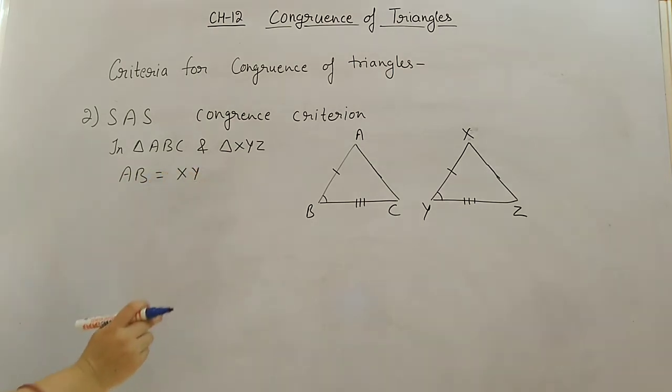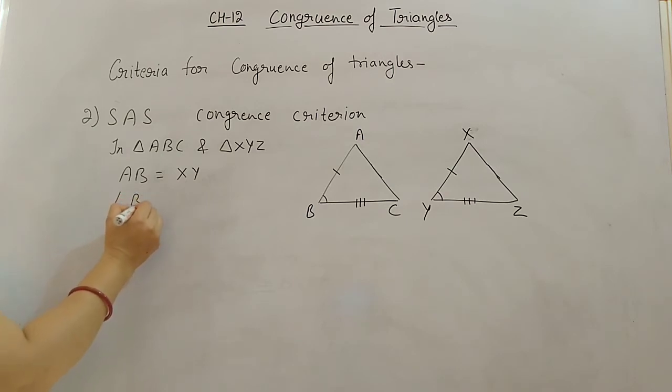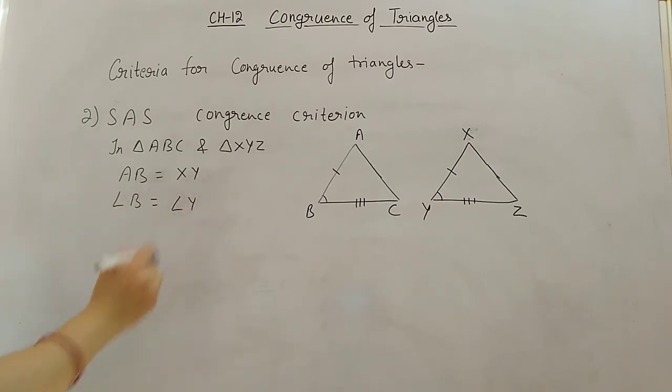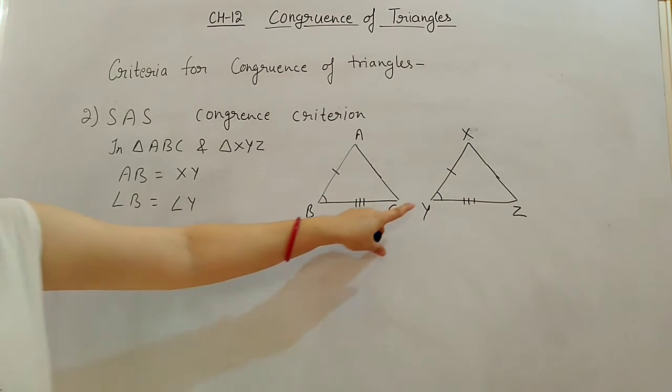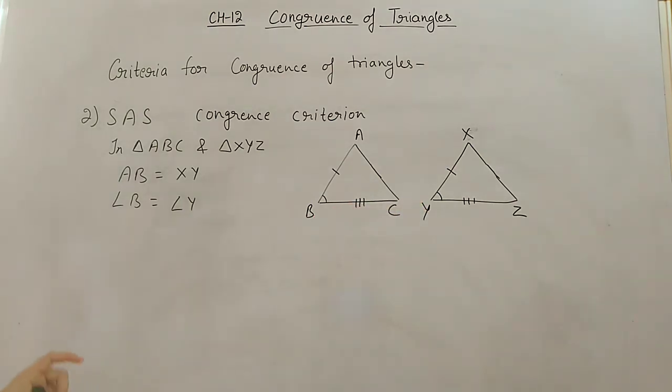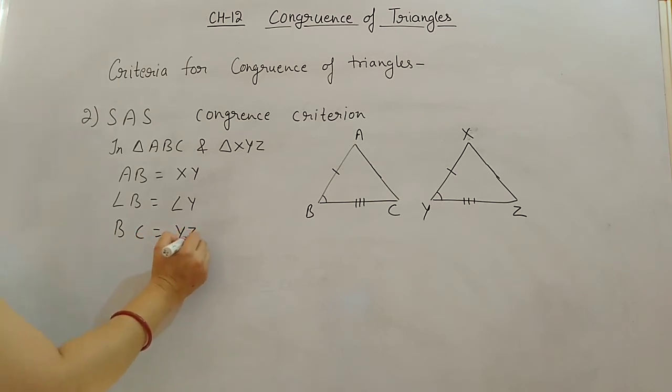It is given both the lines have the same 1 dash. After that, angle B is equal to angle Y. Here one mark is there and that angle also has a similar type of marking. And then third, BC is equal to YZ.